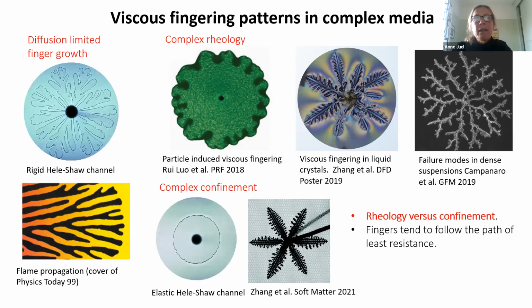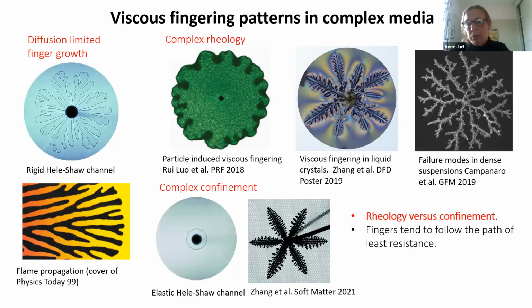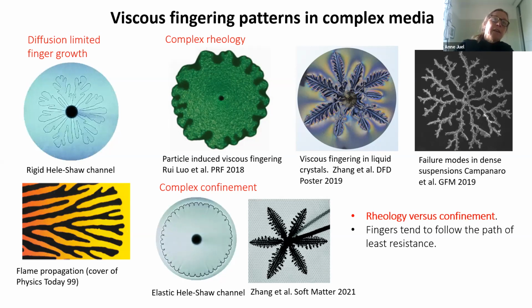So you have two parallel plates, and you have an injection hole in one of the plates, and then you fill the narrow gap between these two plates with, say, oil, a viscous liquid, and you inject air. And when you inject the less viscous fluid through the central hole with, say, a constant flux, then you get an initially circular interface that's unstable to viscous fingering, and then you can get repeated cycles of finger growth, tip splitting, and competition between fingers.